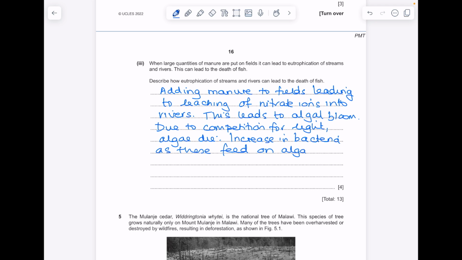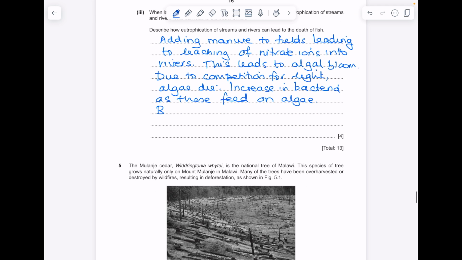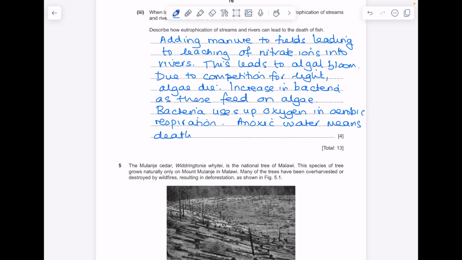And then because they're living organisms, the bacteria use up the oxygen in aerobic respiration. Meaning that the water becomes anoxic or lacking in oxygen. So anoxic water means death of fish.